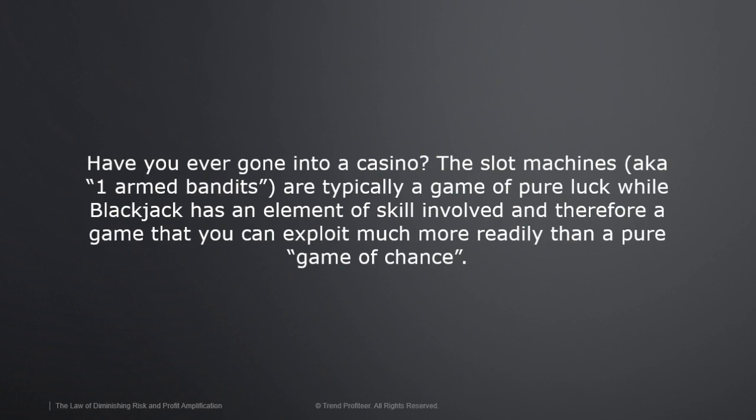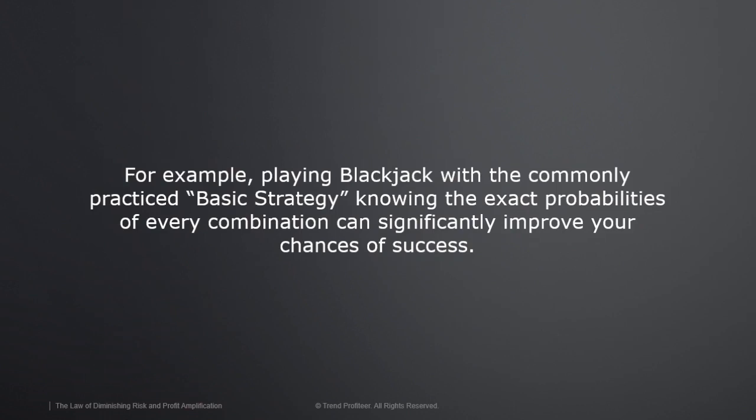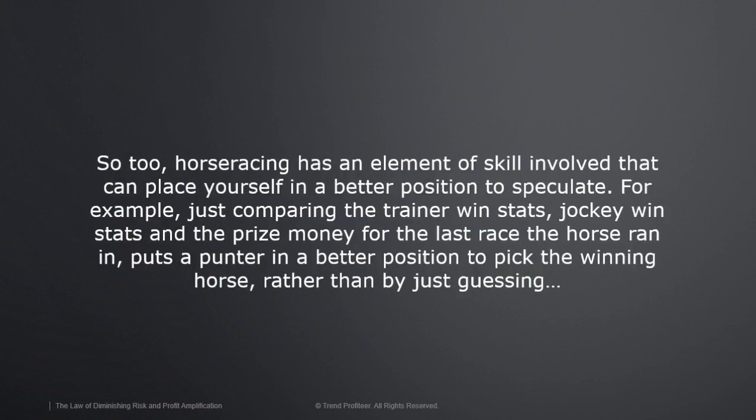Have you ever gone into a casino? The slot machines, aka one-arm bandits, are typically a game of pure luck, while blackjack has an element of skill involved and therefore a game that you can exploit much more readily than a pure game of chance. For example, playing blackjack with the commonly practiced basic strategy, knowing the exact probabilities of every combination, can significantly improve your chances of success.